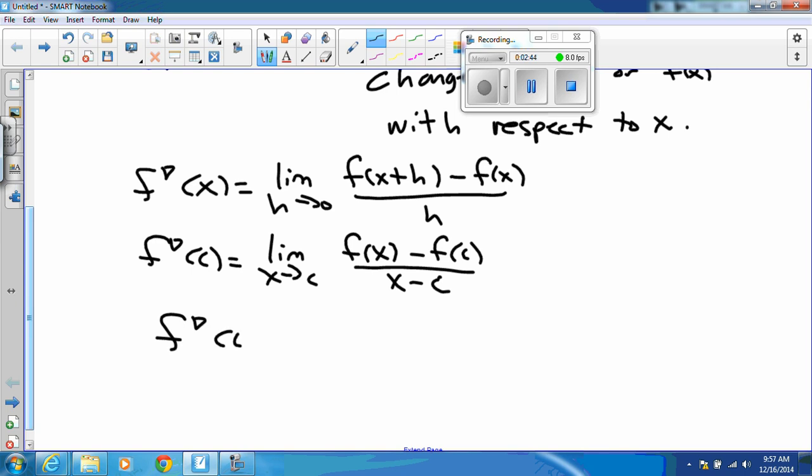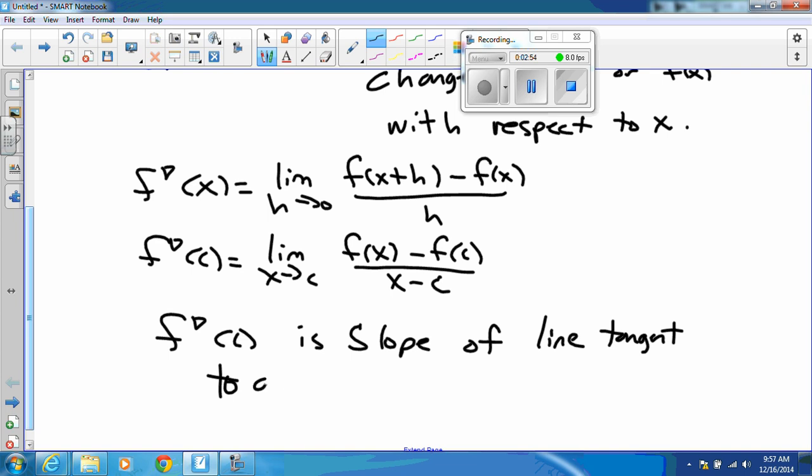Geometrically, f prime of c is the slope of the line tangent to the graph of f of x at x equals c. Notice we have two things here. We have the concept of slope of tangent line, and we have a specific point of tangency that is x equals c.